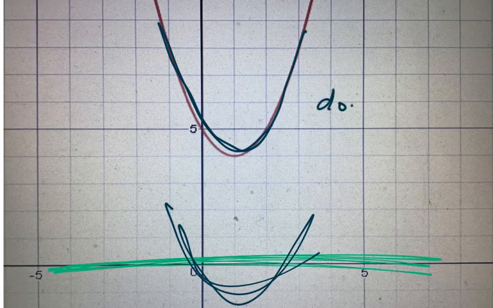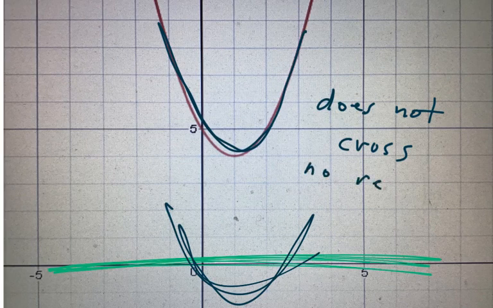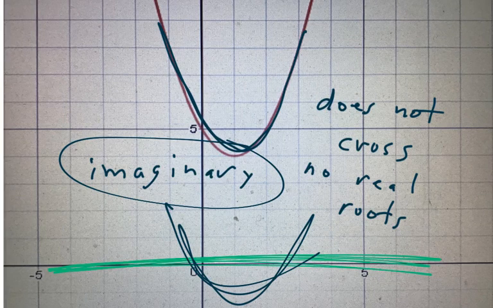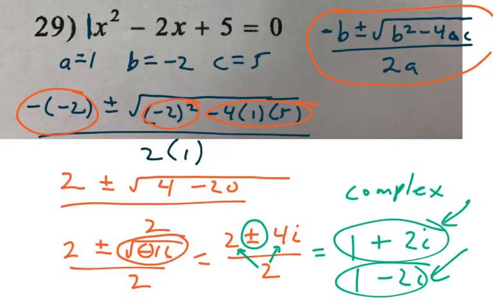Remember, when it does not cross the x-axis, there are no real roots or answers. They are going to be imaginary, complex answers, okay? And that's what you got on this one. So pause the video here if you need to.